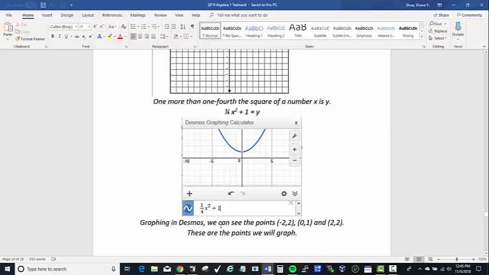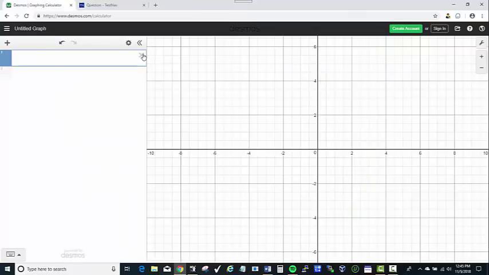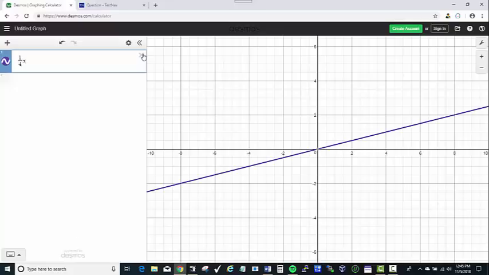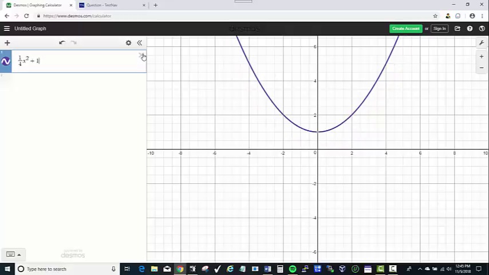So, if we graph in Desmos here, 1/4 x squared plus 1. All right, and you need 3 points. Well, one point right here is going to be -2, 2.